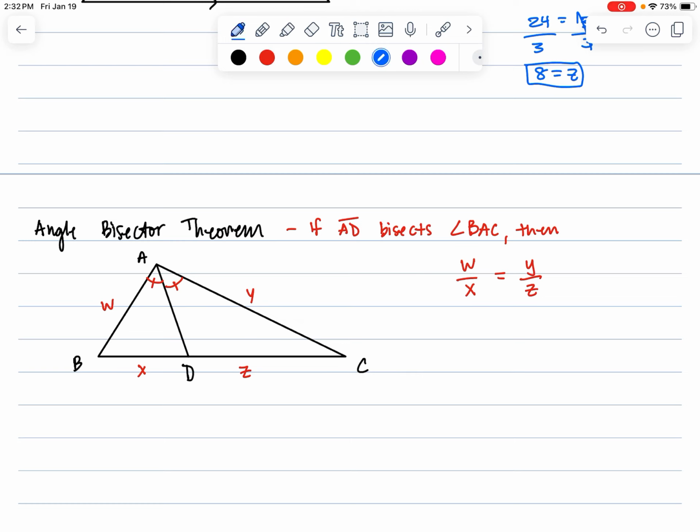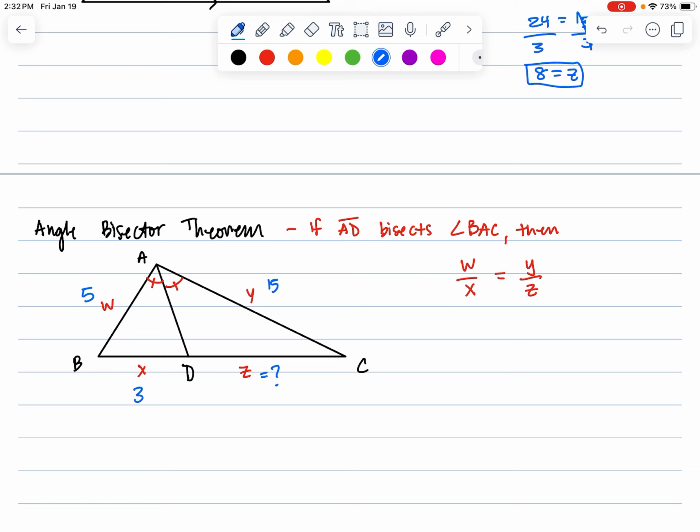They are proportional. There's proportionality here. So I'm going to put in blue some values here and we could actually solve for it. I'm going to put a 5 here for W. I'm going to put a 3 here for X. For Y, I'm going to put a 15. And for Z, it's going to be an unknown.